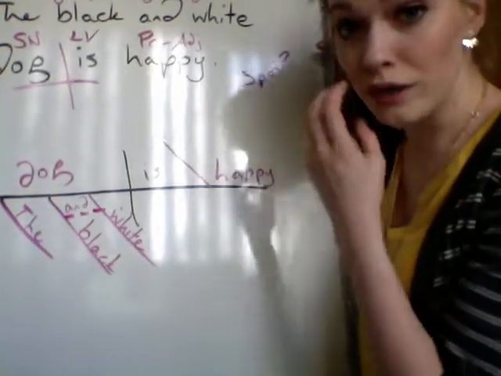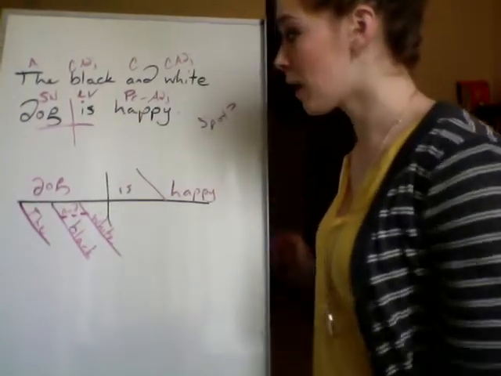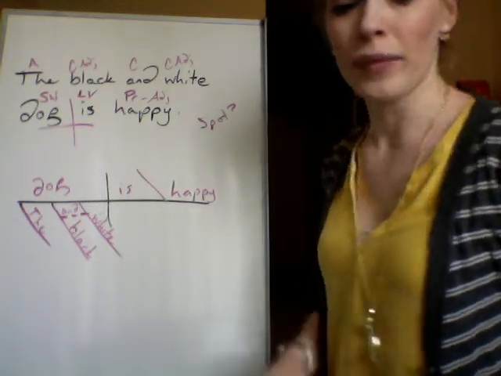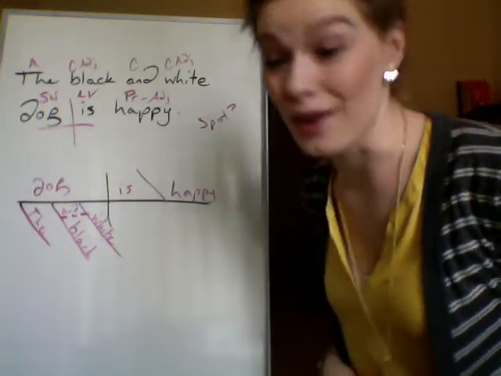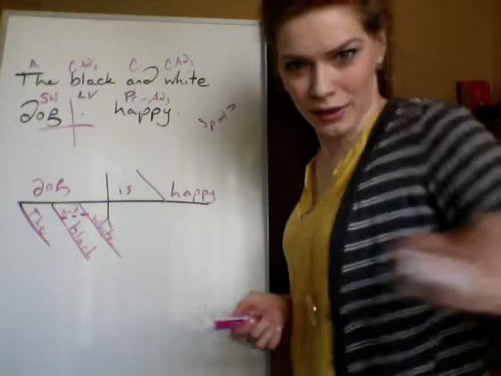The same would work if you did 2 adverbs in a row. So if I said, yesterday and today, I went to the store. Or maybe the black and white dog is happy yesterday and today. Or we'll make it was. Maybe Spot.